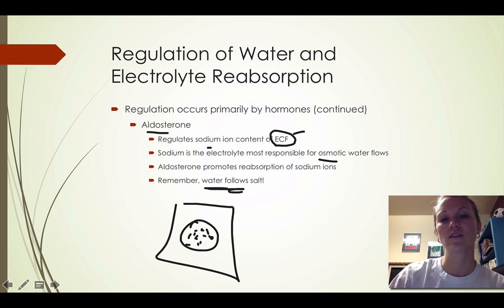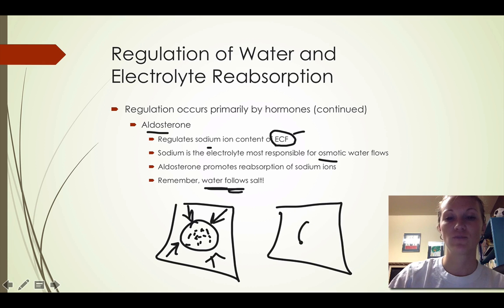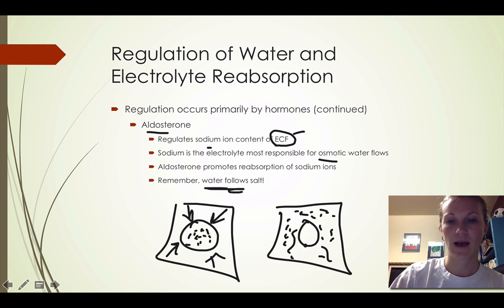If this is the salt that's inside of your blood, or we'll just say inside of your cells, water is going to follow that to help keep you hydrated. But if you're in a situation where most of your solute is not inside of your cells, let's say your solute is on the outside, it's not good for your body, because water will leave your cells and cause you to be even more dehydrated.